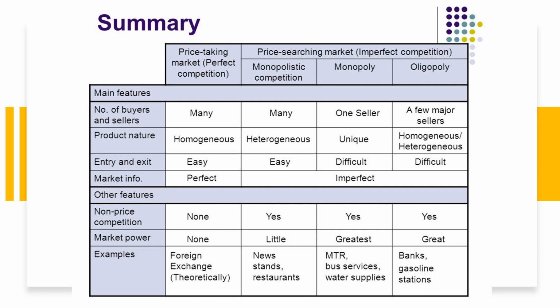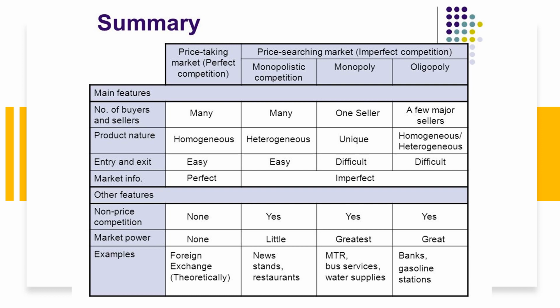In a monopolistic competition, there are also many buyers and many sellers. In a monopoly, there's only one seller. In terms of the nature of the products, they are all the same in perfect competition. However, in monopolistic competition, the products are slightly different, have an edge. In monopoly, the product is unique.